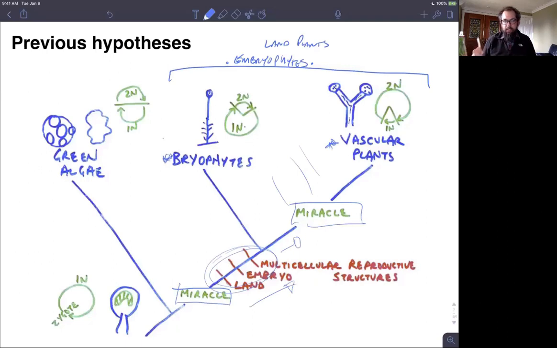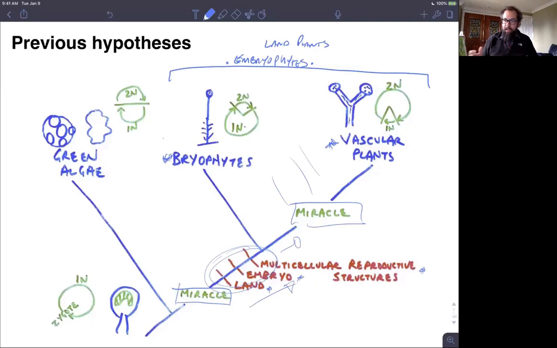We'll see that this is actually going to expand a little bit as we understand these relationships better. One of those is obviously the transition to land. One is the evolution of having an embryo, and then having multicellular reproductive structures. I'll build on all of these characteristics as we continue on through this lecture.